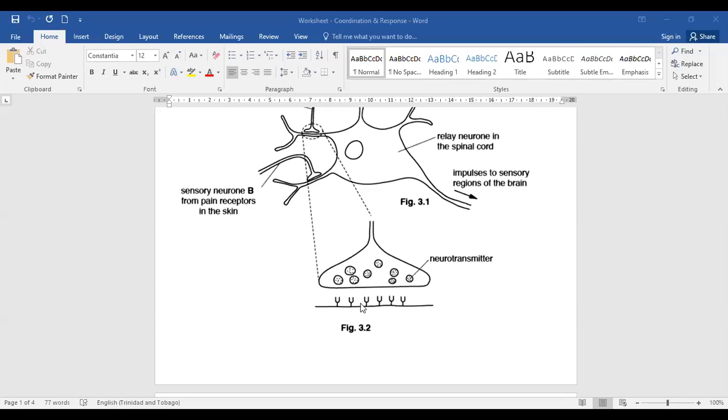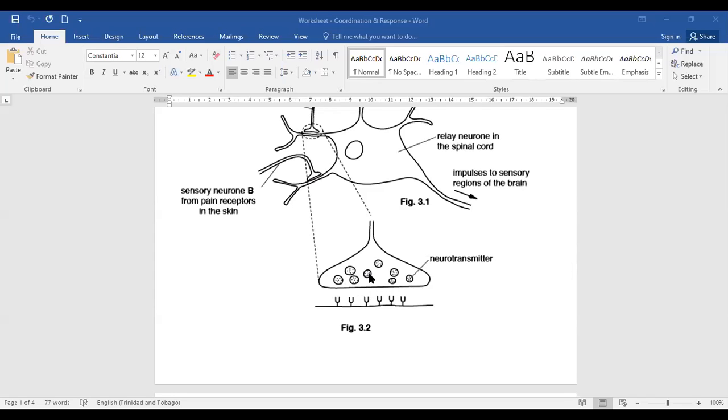So it's not that they change the electrical impulse into a chemical, but these chemicals are already produced in the axon terminals. So what happens is that when the impulse reaches there, it triggers these vesicles to move towards the end where the membrane is, to the end of the axon terminal.